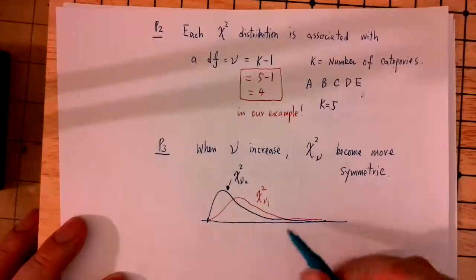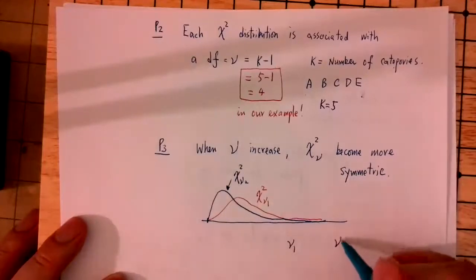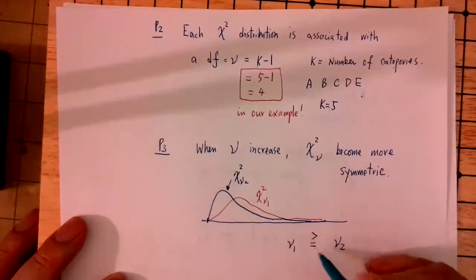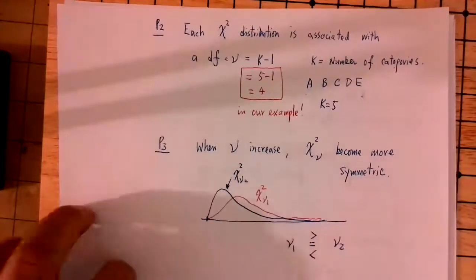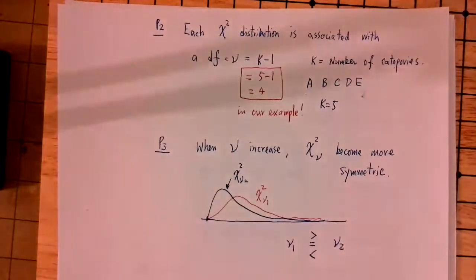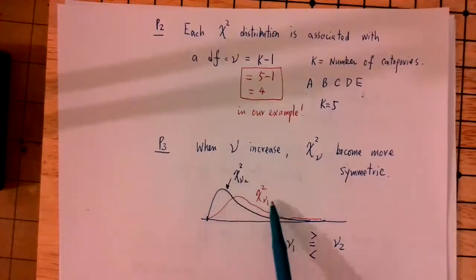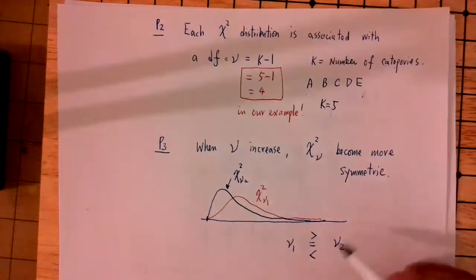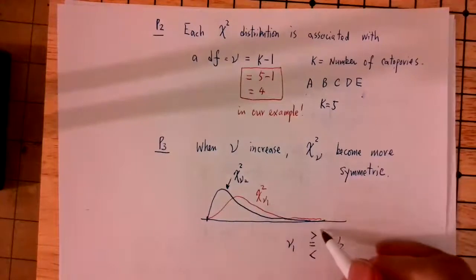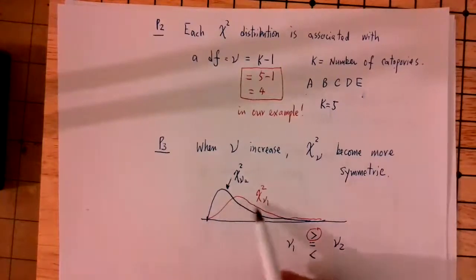The question is, which of nu 1 and nu 2 is bigger? Think about it for a minute. Okay, look here. Which one is more symmetric, the blue one or the red one? Obviously, the red one is more symmetric. So nu 1 has a bigger degree of freedom than nu 2 because the red one is more symmetric.